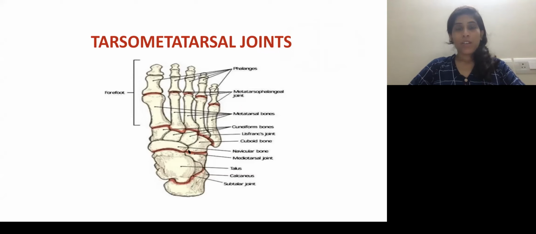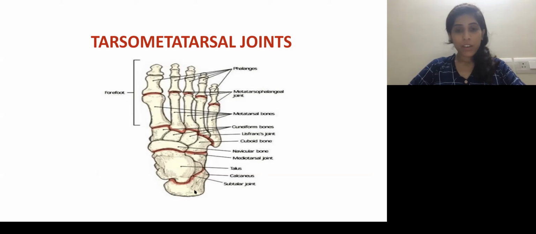Before going to today's topic, we'll first see the tarsometatarsal joint, or in other words, the foot joints as well as the bones which are associated with the ankle complex.